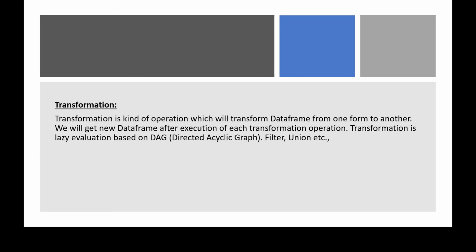Then it will create a DAG. The logical plan or the execution steps will be associated with the DAG. That is why this is called lazy evaluation. Unless we call an action, this transformation will not get executed. So only lazy evaluation will be performed to create the DAG. Filter and union are examples of transformation.